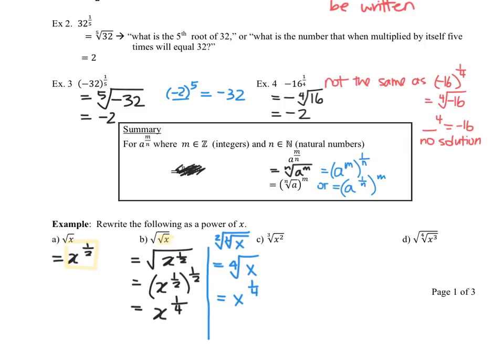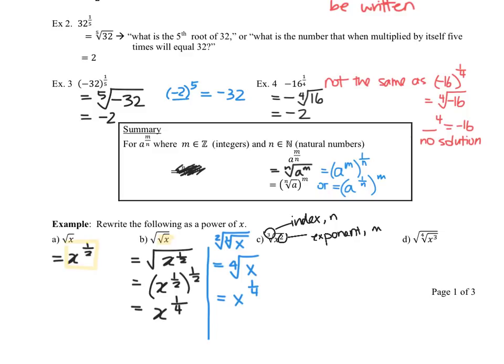Okay. So for the next example C, this 3 is your index n, okay, and this 2, you're going to keep it as your exponent m.